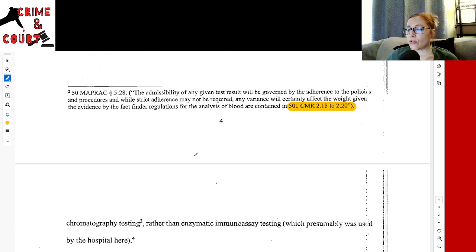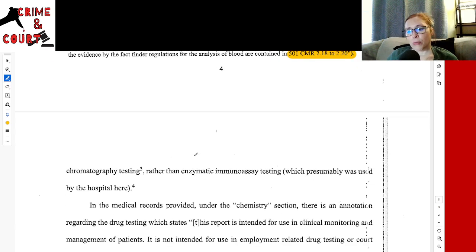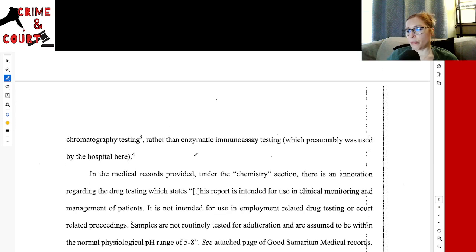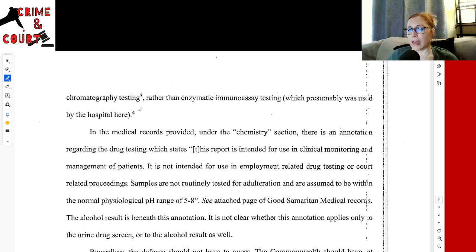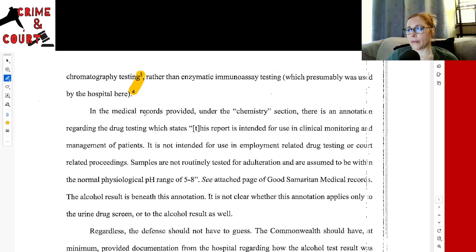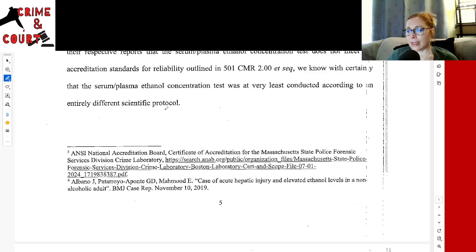The MSP utilized gas chromatography testing rather than enzymatic immunoassay testing, which presumably was used by the hospital here. So we've got two footnotes. One says ANSI National Accreditation Board, Certificate of Accreditation for the Massachusetts State Police Forensic Services Division Crime Laboratories, and there's a PDF there.